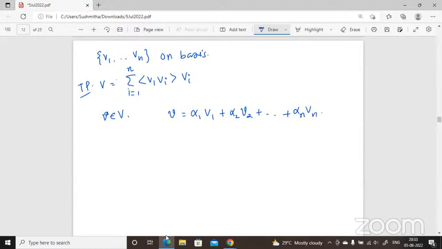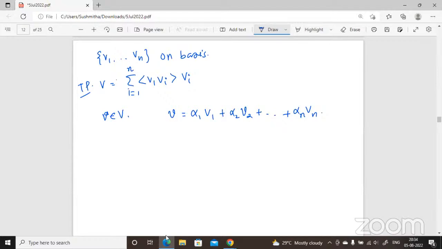And then from the first or second one, the inner product will be 0. So what is the inner product that you will take? If I consider v1 to vn, then I will consider <v1, v1>, then <v2, v1>.